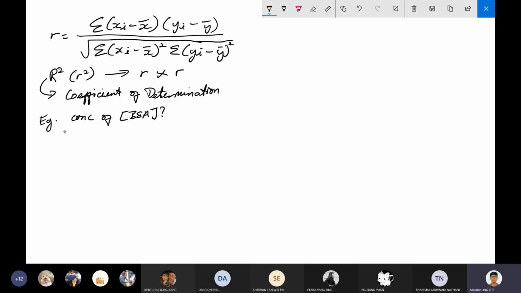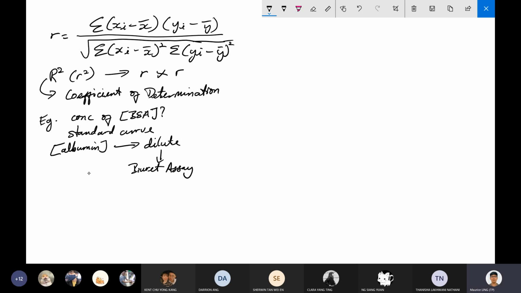First step, you do a standard curve. You take your albumin, you dilute your albumin, including zero dilution, and then you do your biuret assay.